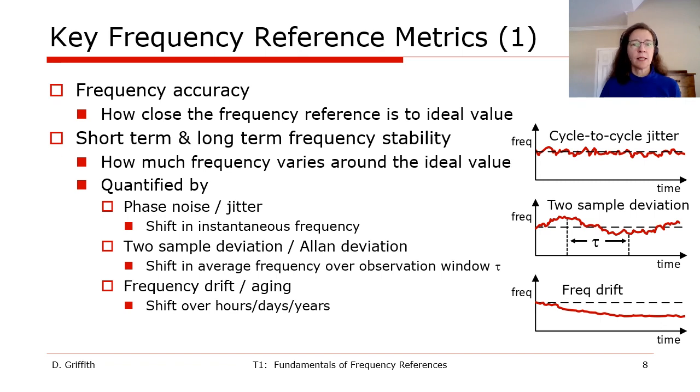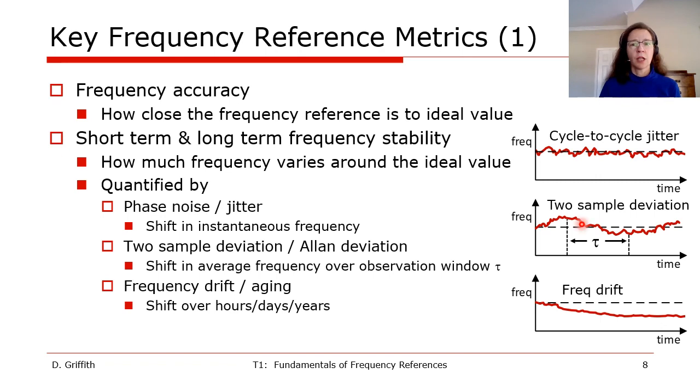Here, the instantaneous frequency shifts from one clock cycle to the next around an average value. The frequency variation is quantified by the phase noise or jitter metrics, where the jitter is the deviation in the timing relative to the ideal value. There are many types of jitter metrics, including period jitter, cycle-to-cycle jitter, integrated jitter, and accumulated jitter. Which one is most relevant depends on the application.